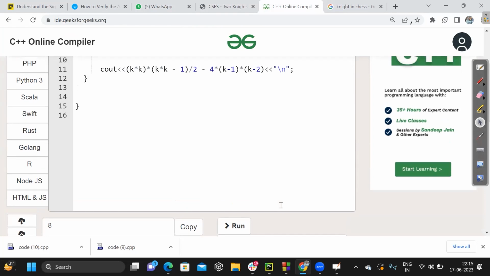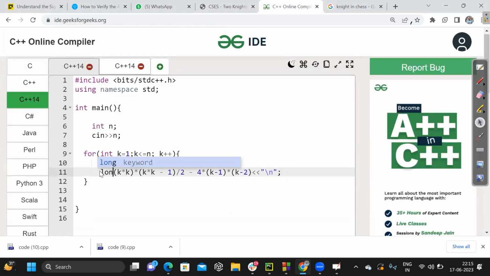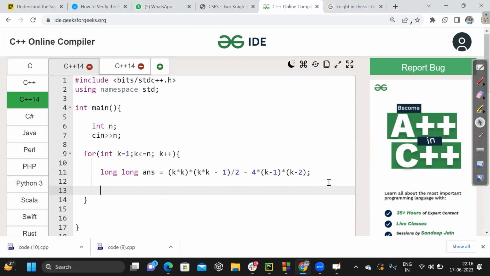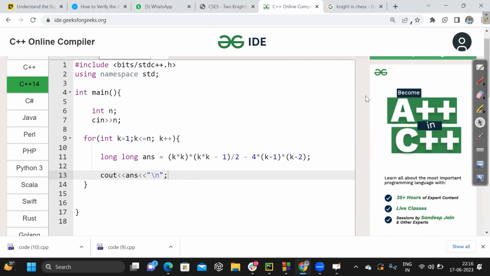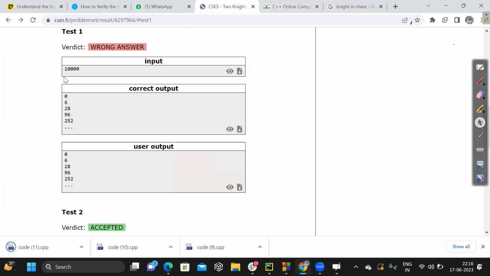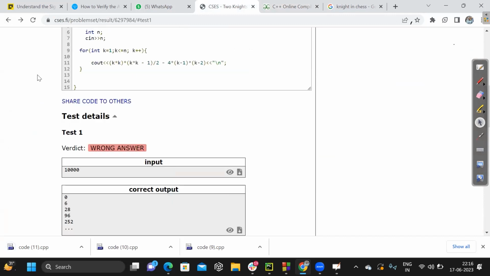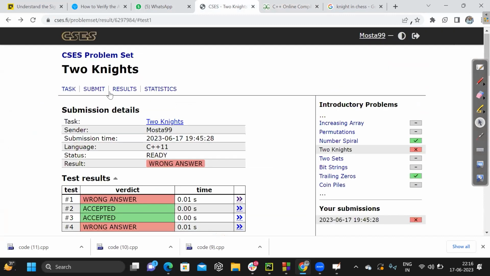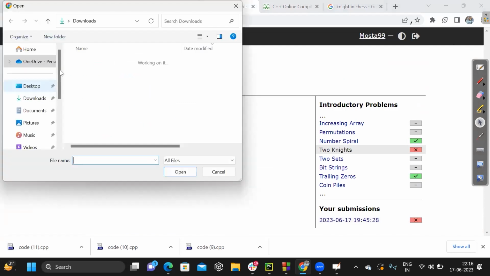So rather than going ahead, I can say long answer is equal to this, then print the answer. There might be some integer overflow. That's the only thing that can happen right now. Submit happened.